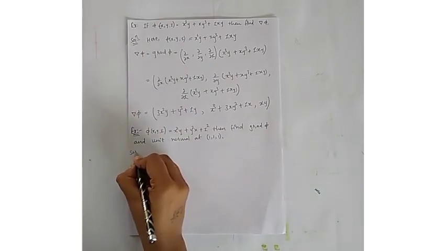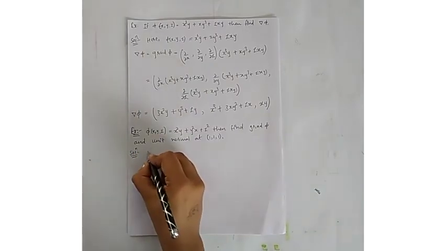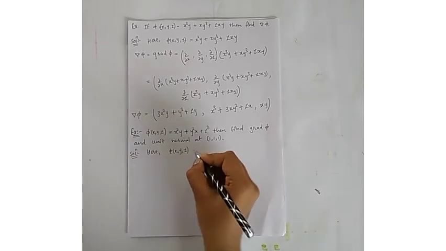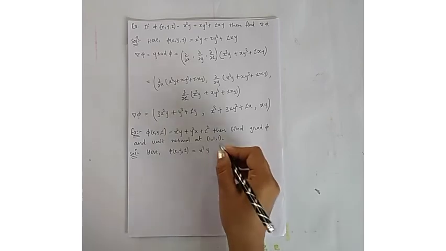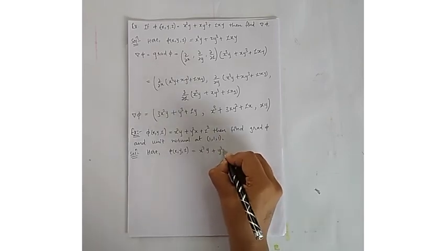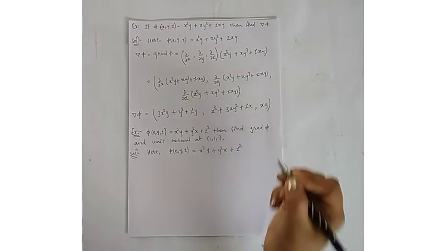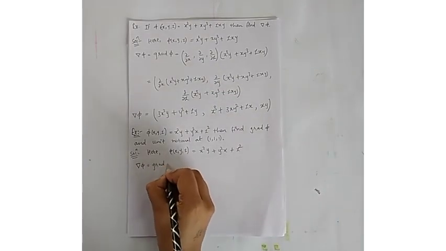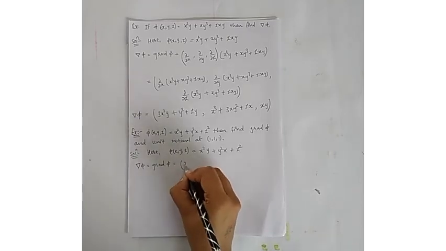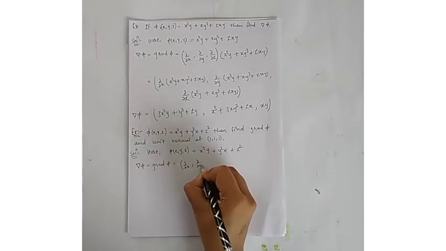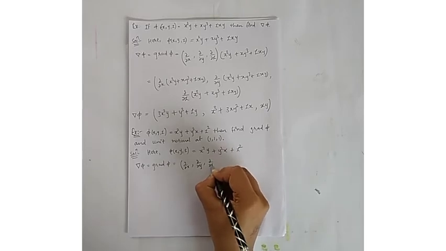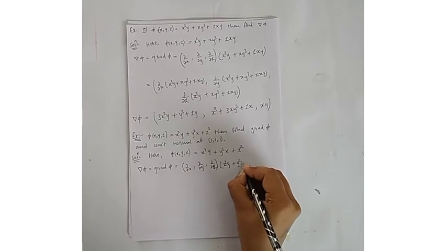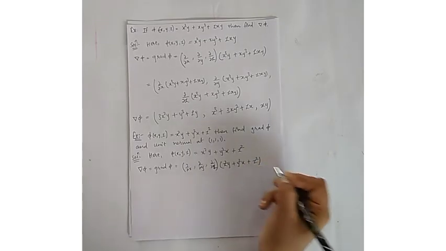So for the solution, here the function is phi of x, y, z equal to x square y plus y square x plus z square. So gradient of phi is equal to del by del x, del by del y, del by del z of the function x square y plus y square x plus z square.